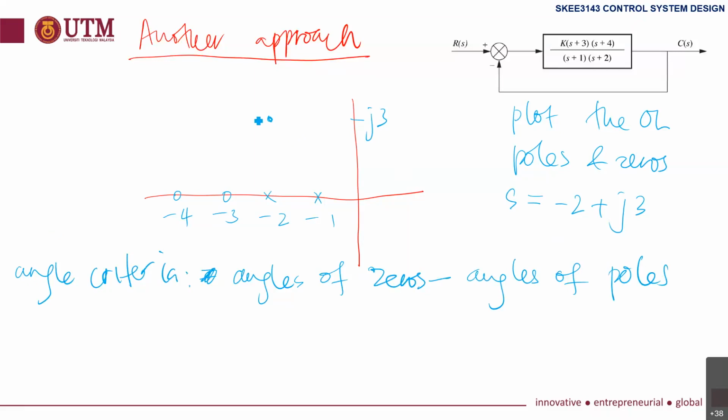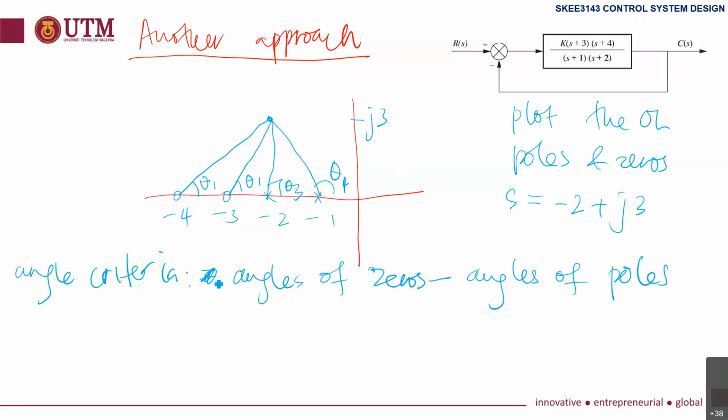Angle of zeros meaning this one, from the point to the zero. This angle, theta 1, theta 2, theta 3, theta 4. This is what we meant by angle of zero.